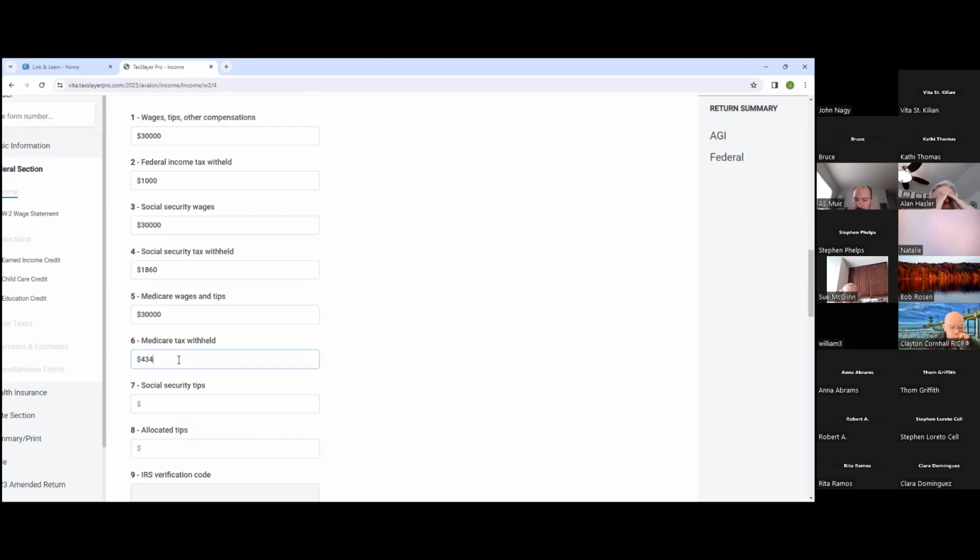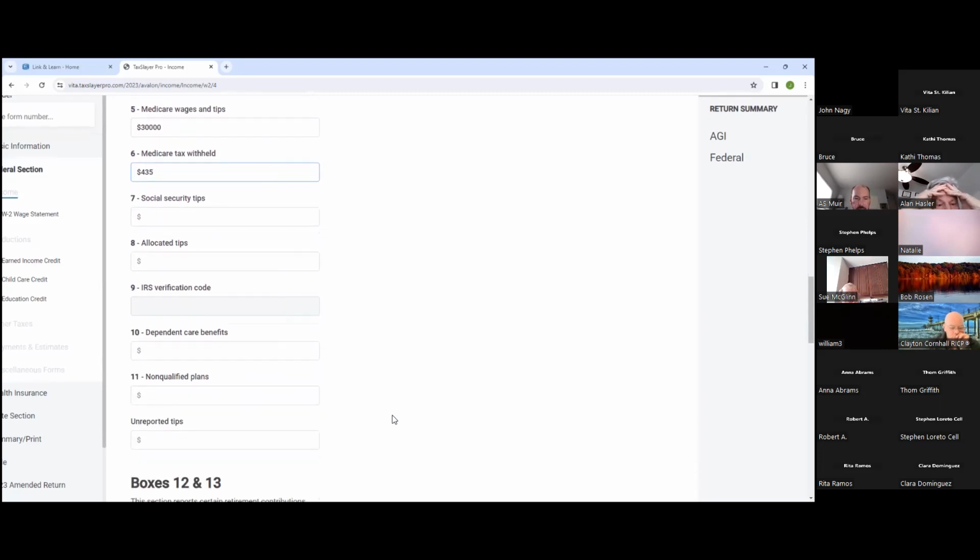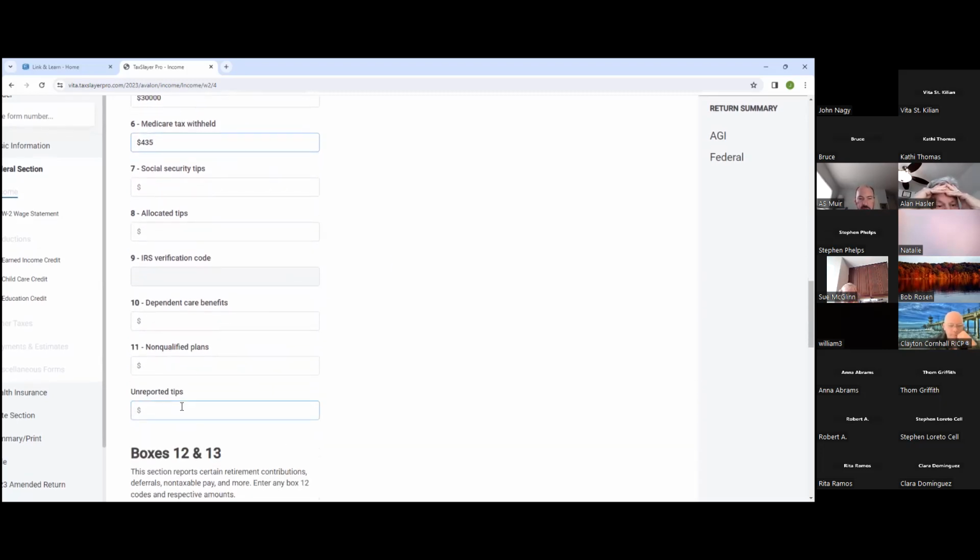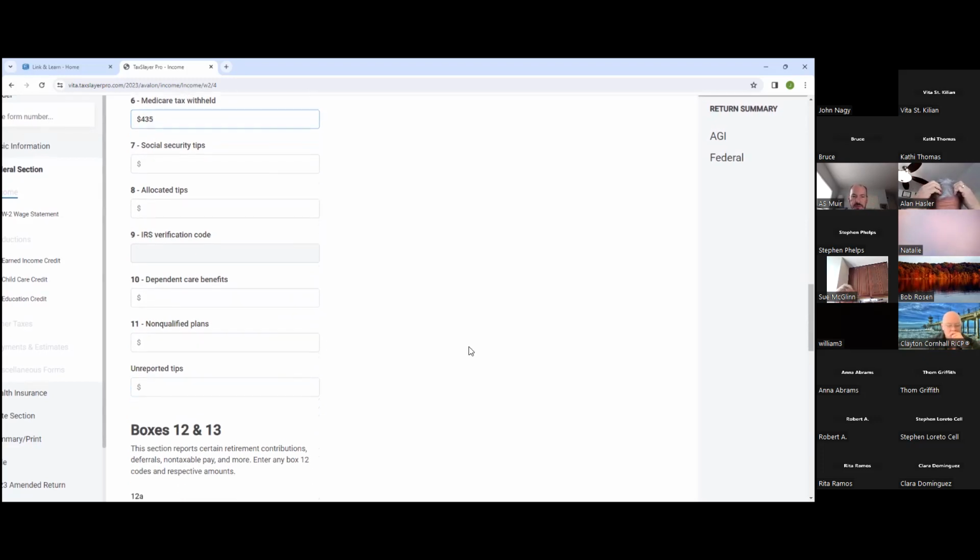All right, we'll go back. Here is a box for unreported tips. You may see that from time to time. And the takeaway is if someone is receiving tips, step number 1, they've got to report tip income, whether it's $1 or $50,000, and they have to pay FICA on that Social Security.